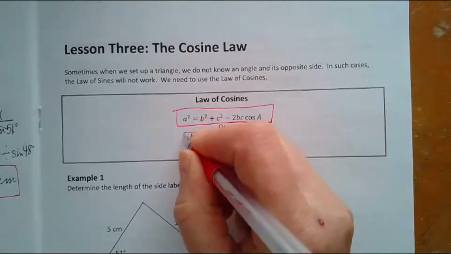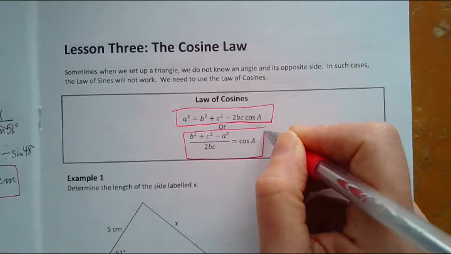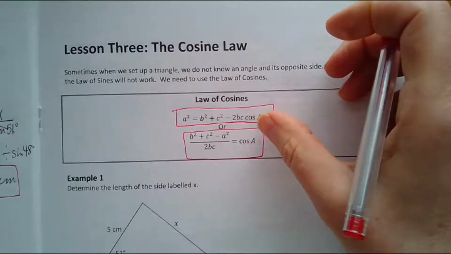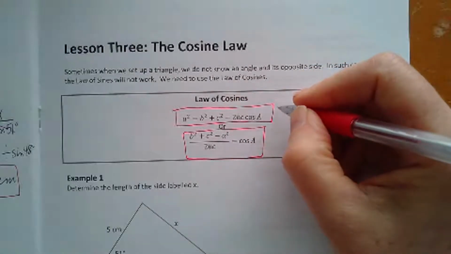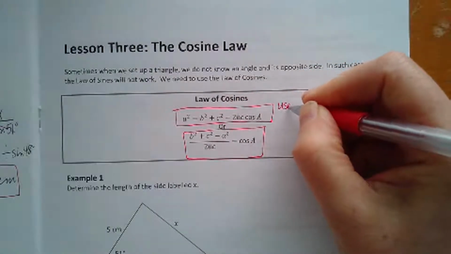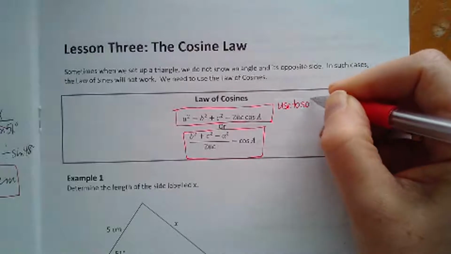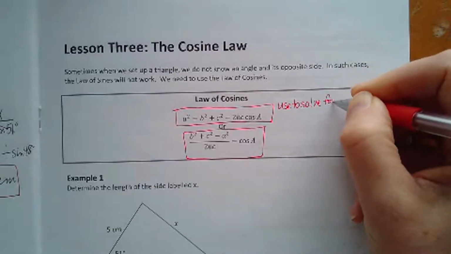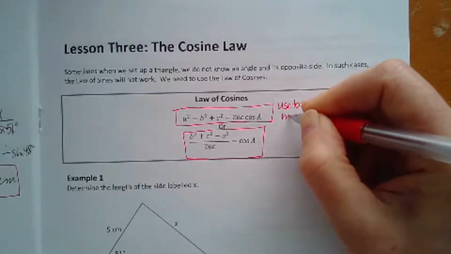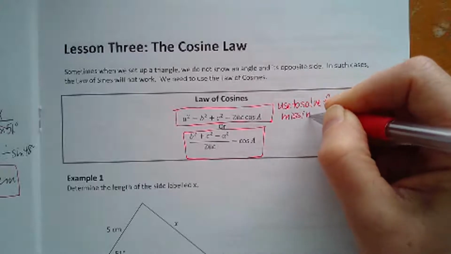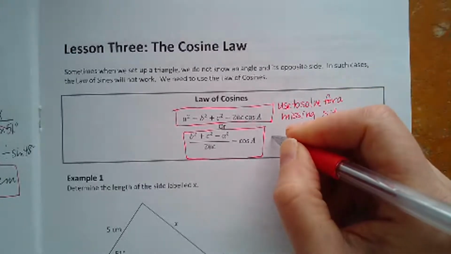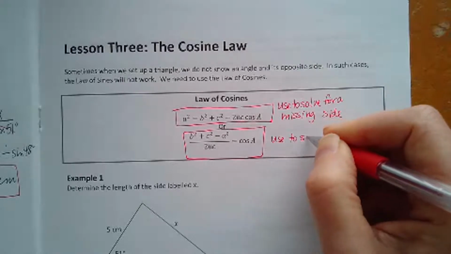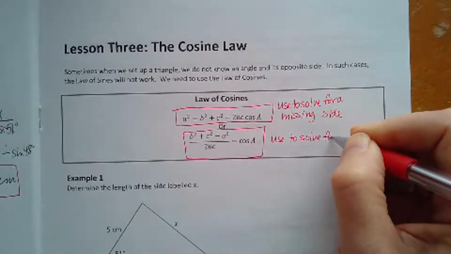This is the second version. It's actually the same law of cosines. It's just manipulated. It's twisted around. But we use this version to solve for a missing side. And this version we use to solve for an angle.